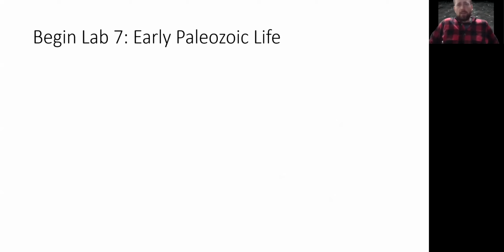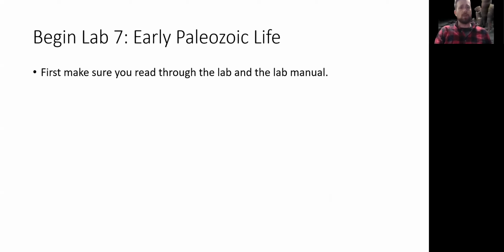Okay, so now as you begin Lab 7 on early Paleozoic life, there's a couple of things I want you to think about. I want you to please make sure you are reading the lab manual. I know it's a little different than what I've put together on Canvas, but that lab manual, hey, you've already purchased it, you might as well use it, is going to have some really important stuff in there that I can't just easily replicate on Canvas.